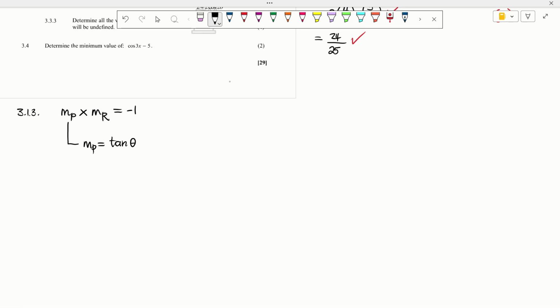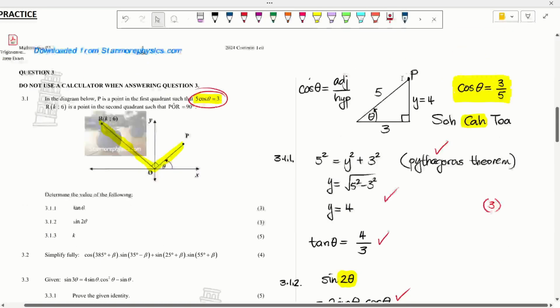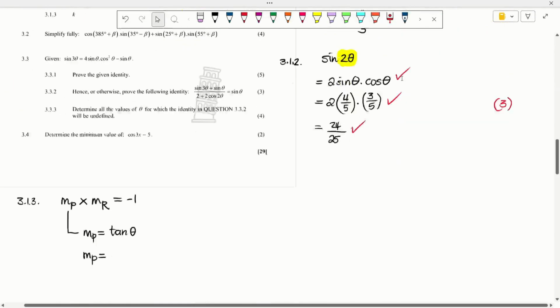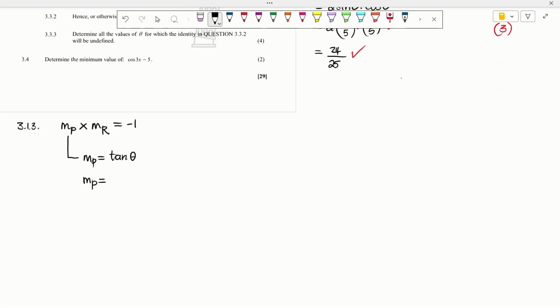So MP is equal to tan theta, which was shown to be 4/3 from our 3.1.1. So if I take 4/3 and multiply by MR, I'm supposed to get negative 1. Let me put it back in that equation: 4/3 multiplied by MR should give me negative 1.